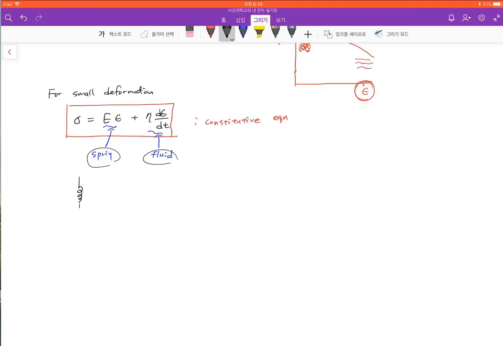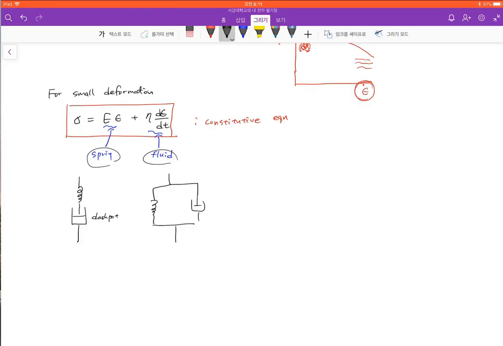We can model it by combining spring and fluid, which is called a mechanical model. There could be two different kinds. We can locate the spring and fluid, which is a kind of dashpot, in series, or we can put them in parallel.